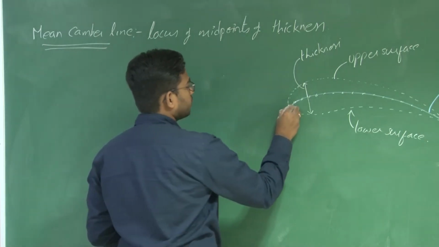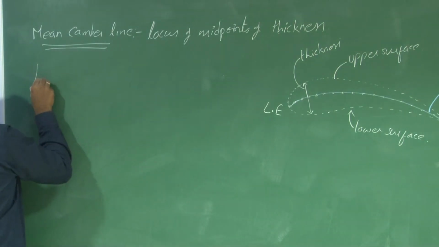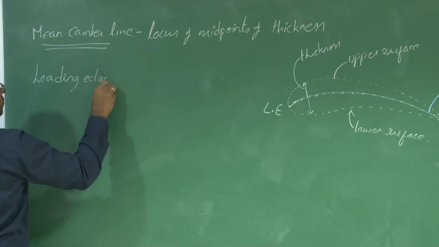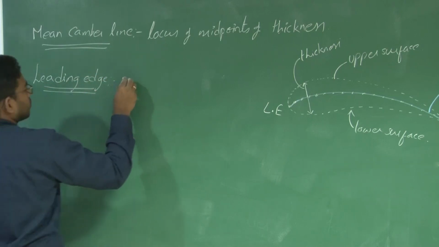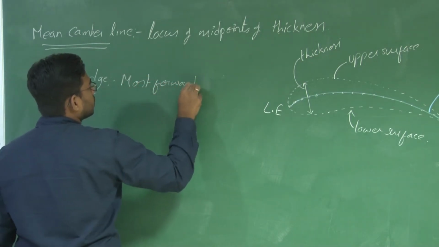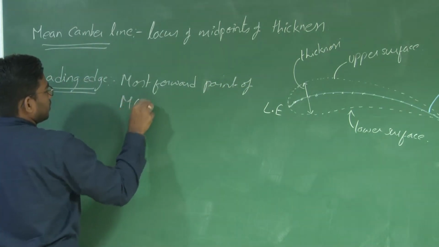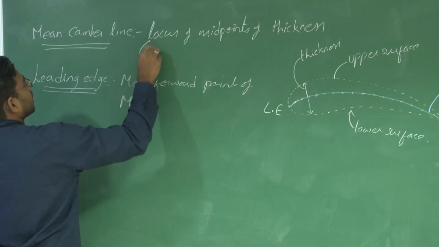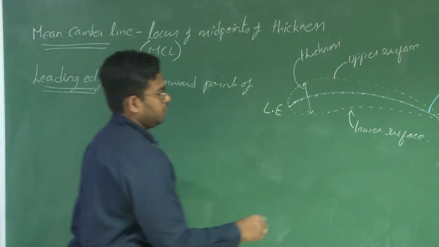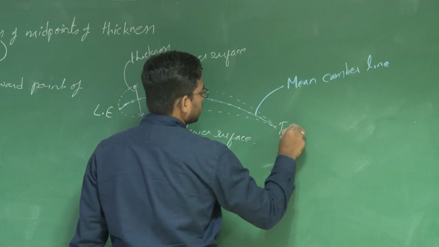And the starting point of this mean camber line is the leading edge, so mean camber line or camber line, MCL. And the aft point of this mean camber line is the trailing edge.